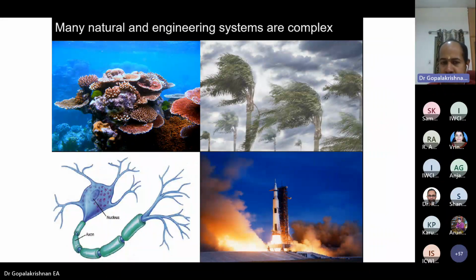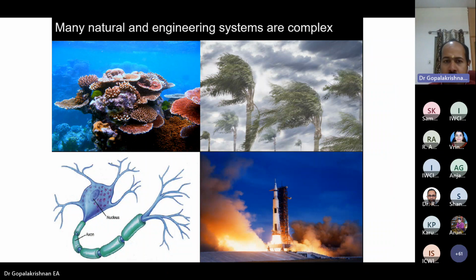It could be something like climate, or a mammalian neuron, or as complex as, like we usually say with rocket science, a solid rocket motor in an engineering system. Many of the systems, natural or engineering, we can model as complex systems.